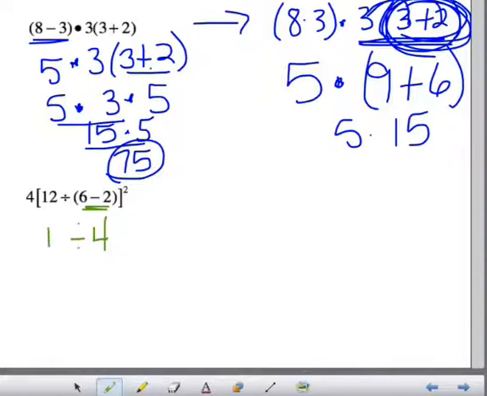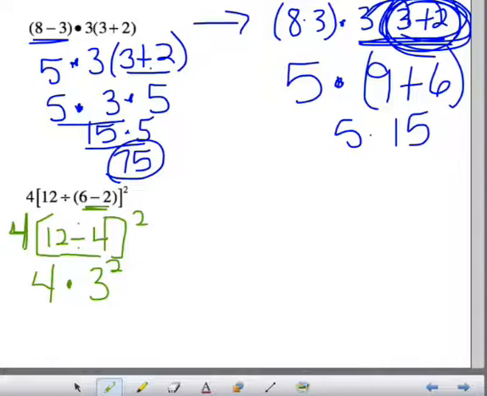And then I've got to put the rest of my things down here. All right, now I'm still on parentheses because I still have brackets, and we said brackets are just like parentheses. 12 divided by 4 is 3, so I've got 4 times 3 to the second power. Okay, because what does that mean when that 4 is written right next to those brackets? It means to multiply.